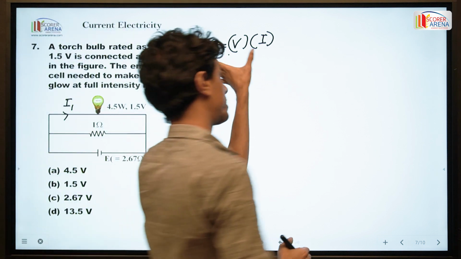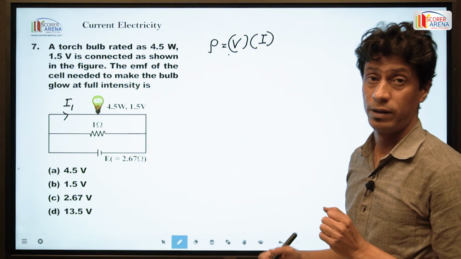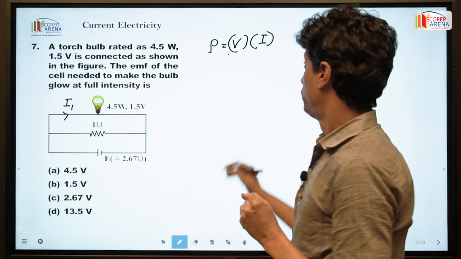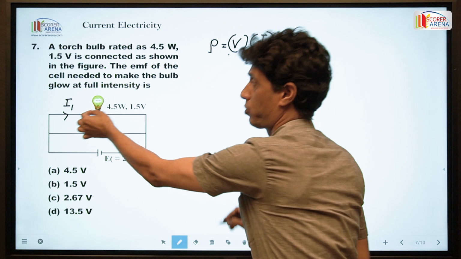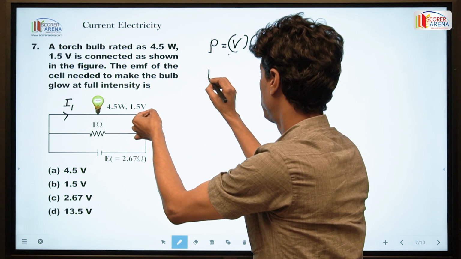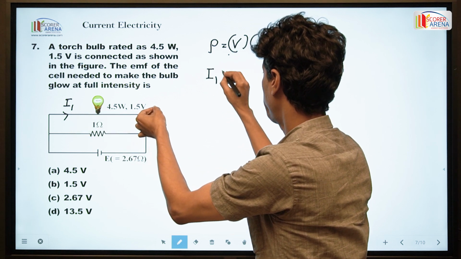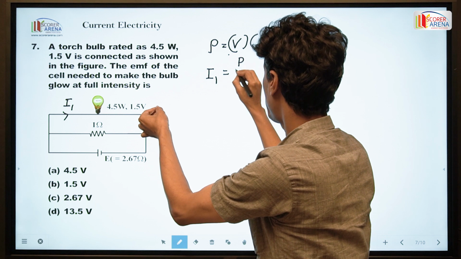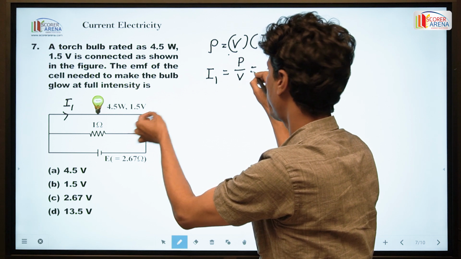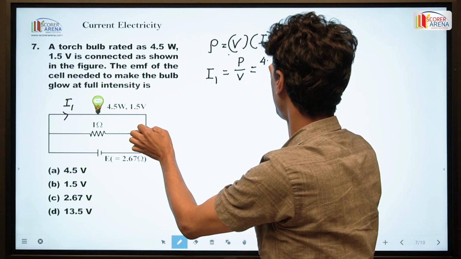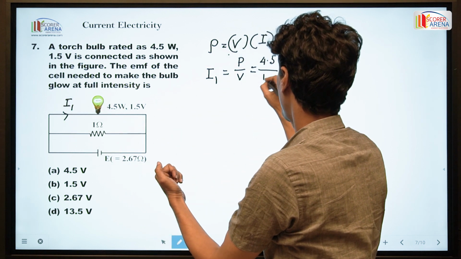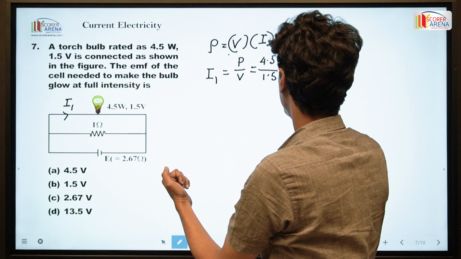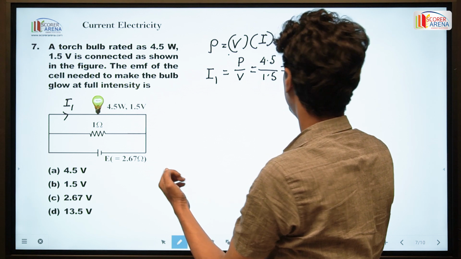So I1 is P by V, that is 4.5 divided by 1.5. So this is 3 ampere.